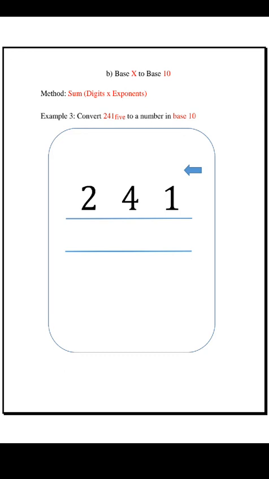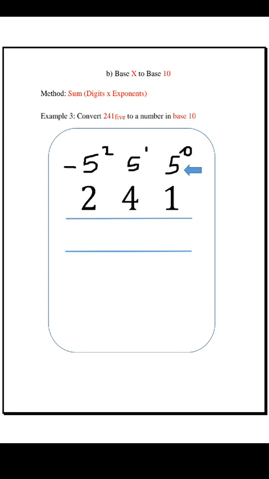You want to convert this 241 base 5 to base 10. First of all, I'll write the base under each number: 5, 5, 5. Then I will give them powers starting from 0: 0, 1, 2.